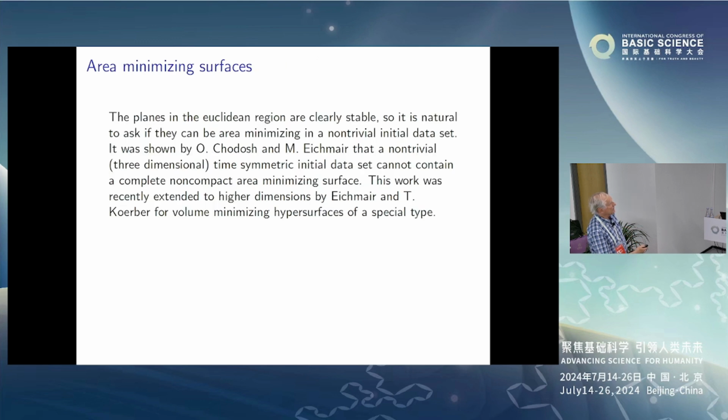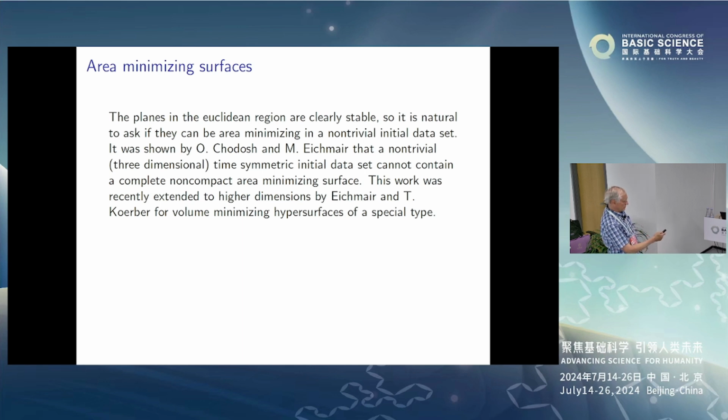And it turns out that while the Euclidean planes that appear in these solutions are stable, of course, they're just planes in Euclidean space, they actually don't minimize area. So they're not area minimizing. In other words, if you go sufficiently far out in the plane, there will be a smaller surface which cuts the non-flat part of the solution.